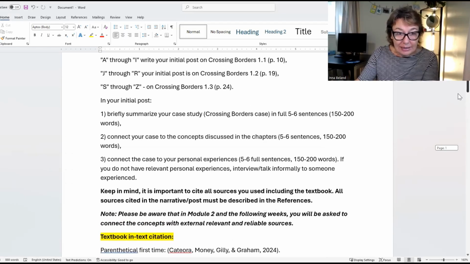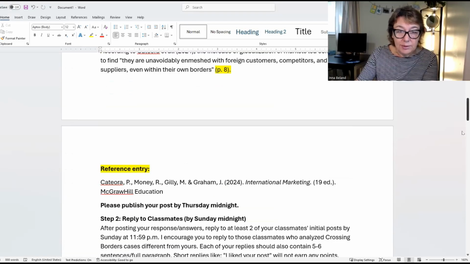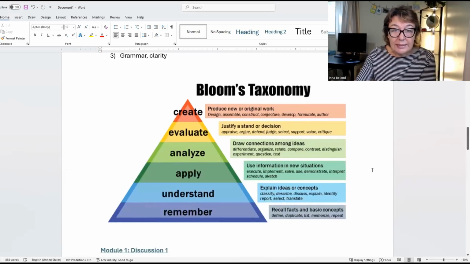Then I go back again to the instructions. Connect your case to the concepts. Connect your case to your personal experience. Now I go back to Bloom's taxonomy, and where do I see connection? I see it at the level of analysis.